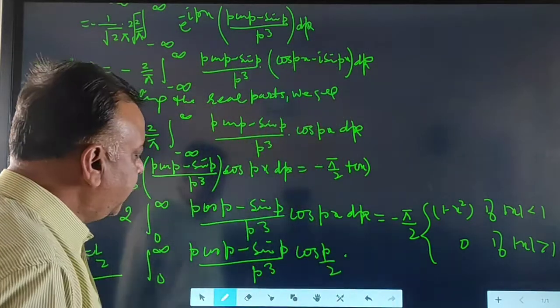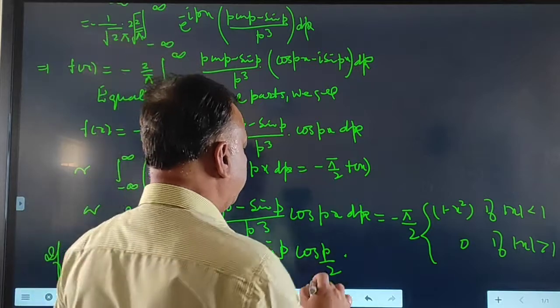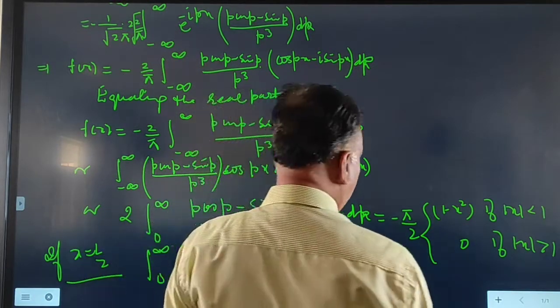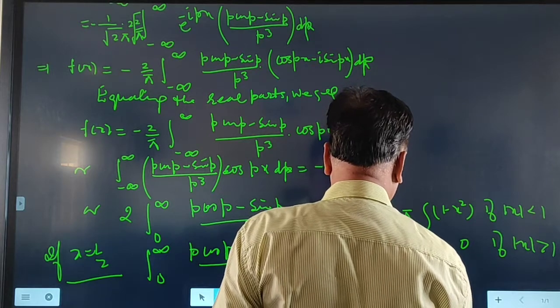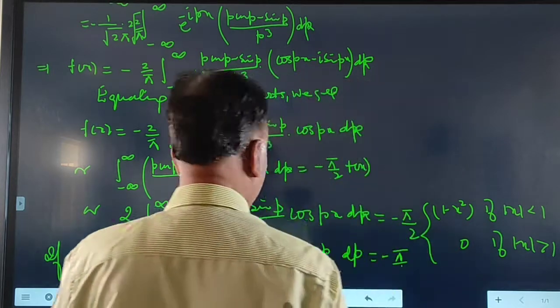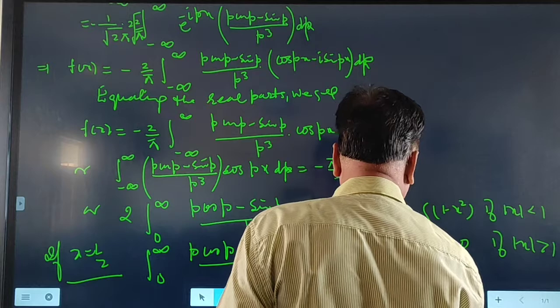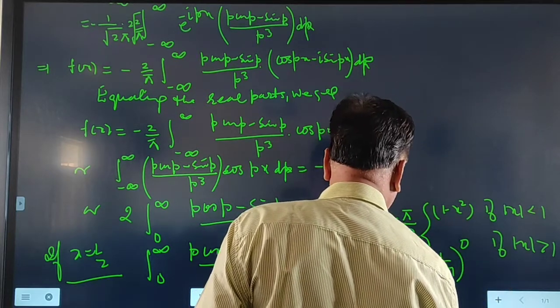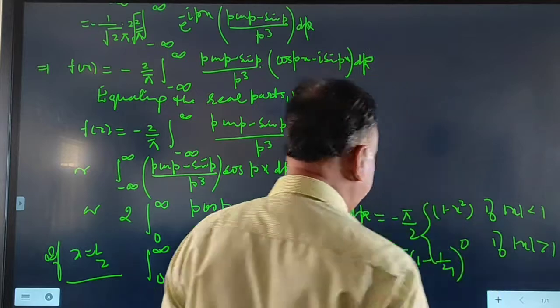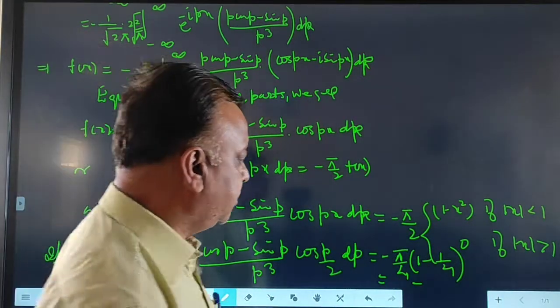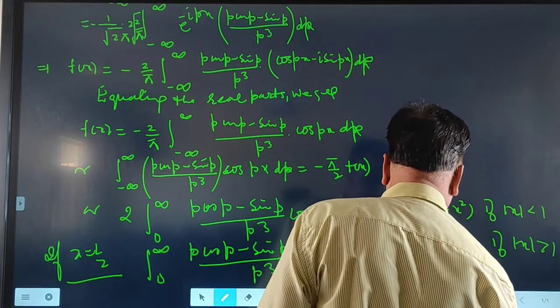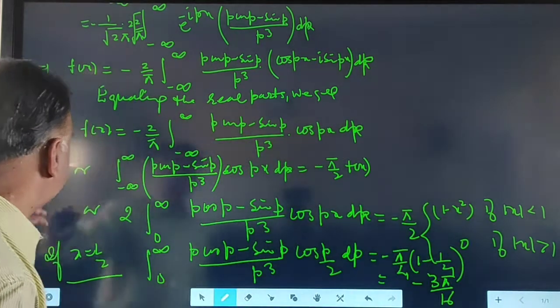So p cos p minus sin p upon p cube, cos p by 2 into dp is equal to minus pi by 4 into 1 minus 1 by 4, and 1 minus 1 by 4 is 3 by 4, so this is minus 3 pi by 16.